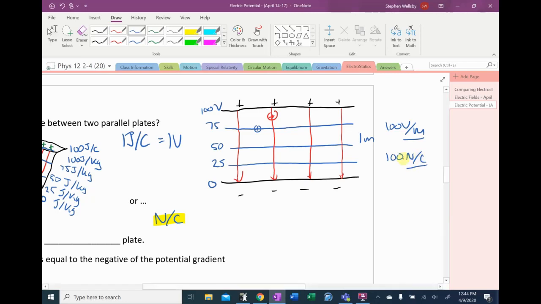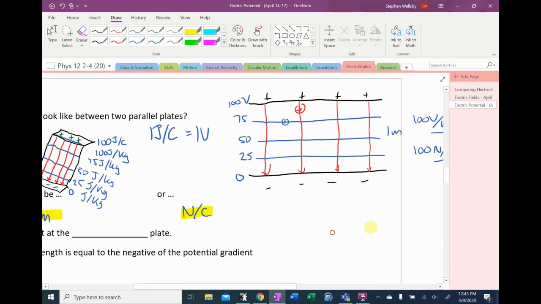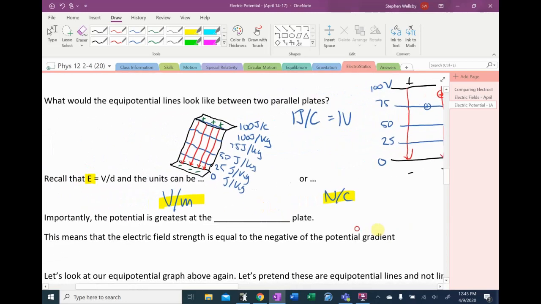So this is kind of indicating to us that anywhere along these field lines, it would be a field strength of 100 newtons for every coulomb of charge. Or you could also say that there's going to be 100 volts for every meter. So both of those are the same number, it's just different units that can describe it in different scenarios.